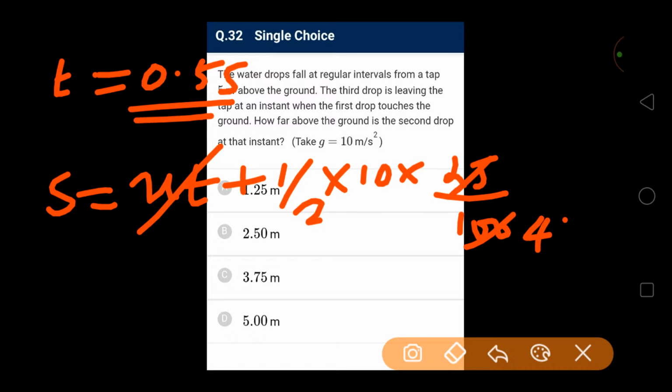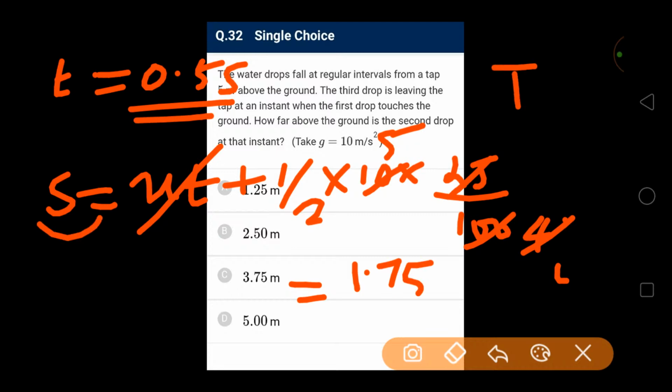So 5 by 4. What is 5 by 4? 1.75. This S is very very important.